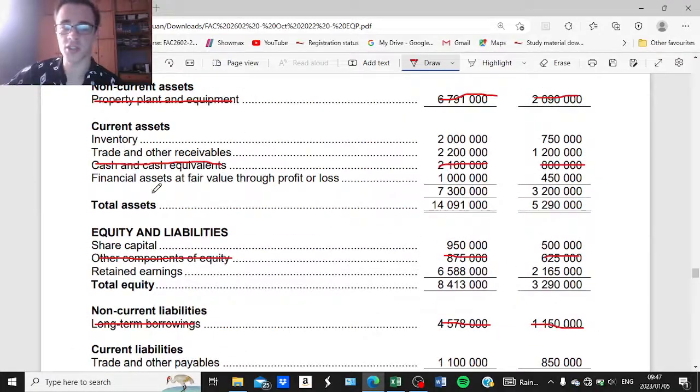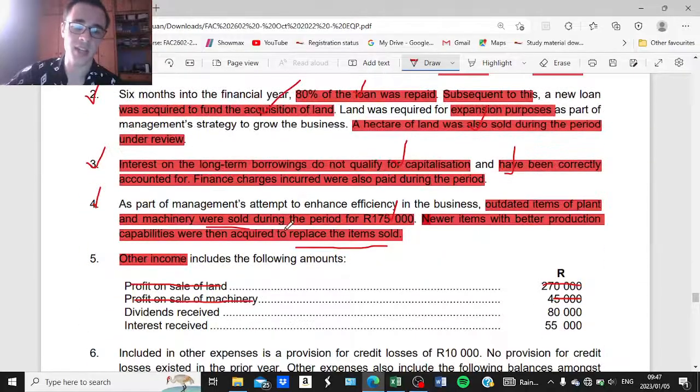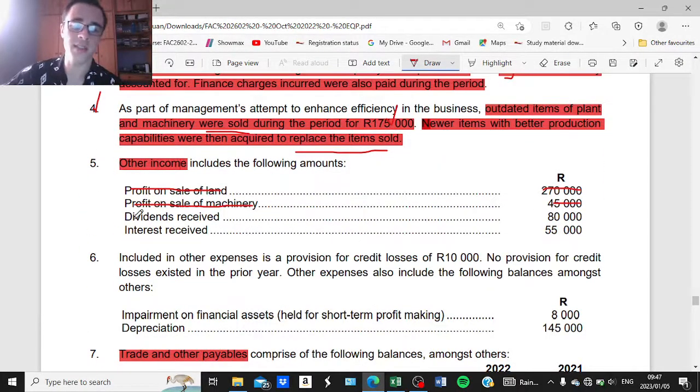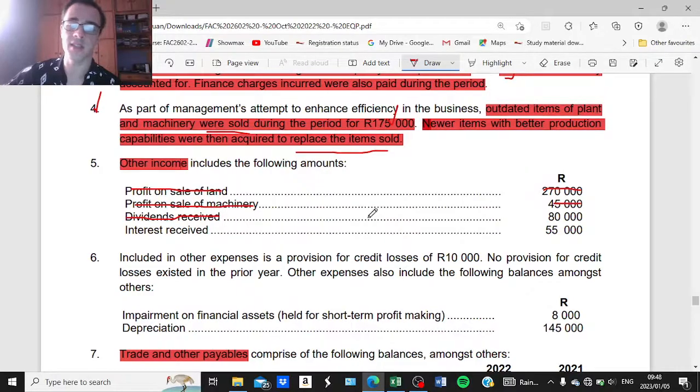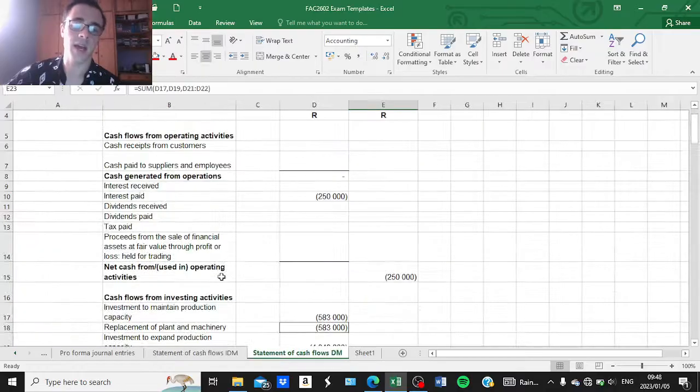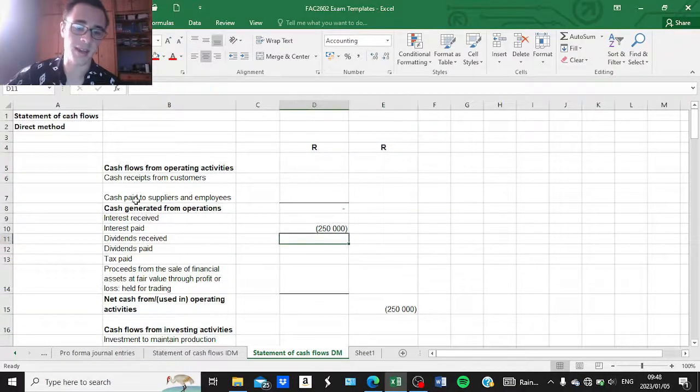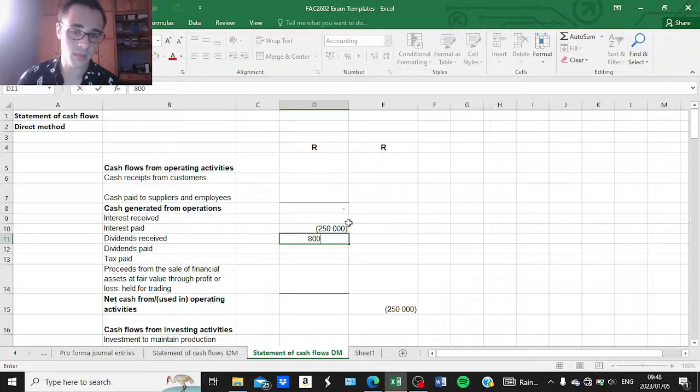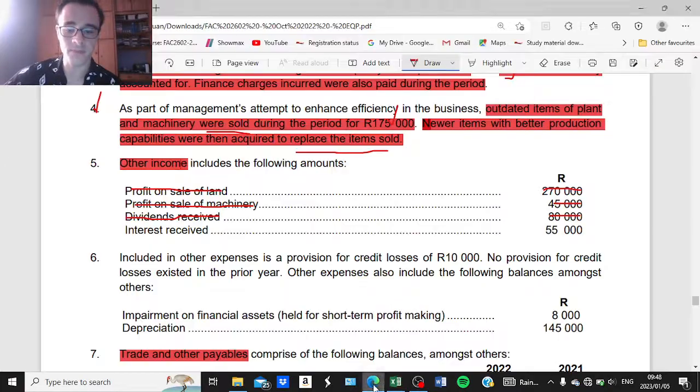Dividends receivable is not shown separately under current assets, and there's no indication that it is included in trade and other receivables. So therefore, we will take the amount of 80,000 Rand as the actual cash flow that occurred as dividends received, and this will be shown in the operating activity section as an inflow.